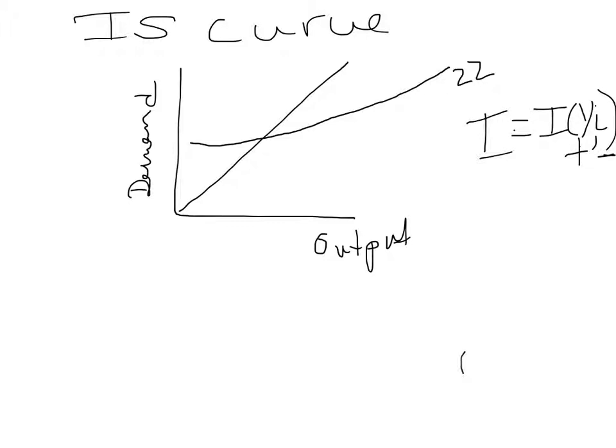So going back to the curve, if you want this ZZ curve to shift upward, it would deal with an increase in consumption, business investment, government spending, or you can have a decrease in interest rate. And if the interest rate decreases, then investment will increase, and that will cause the ZZ curve to shift upward.